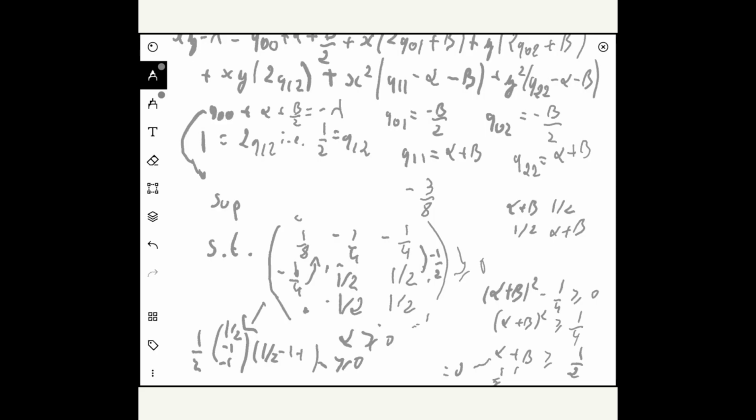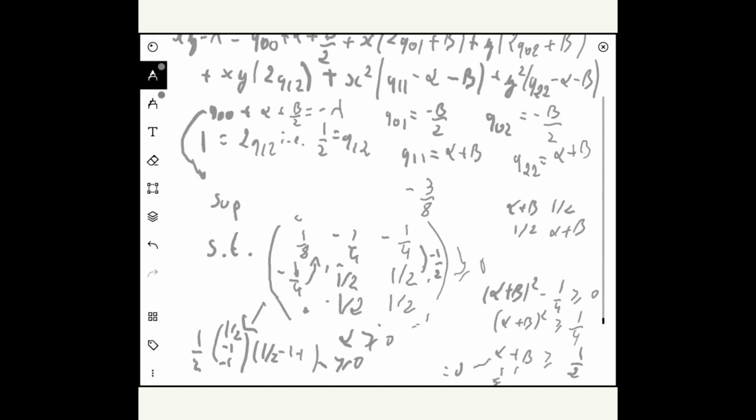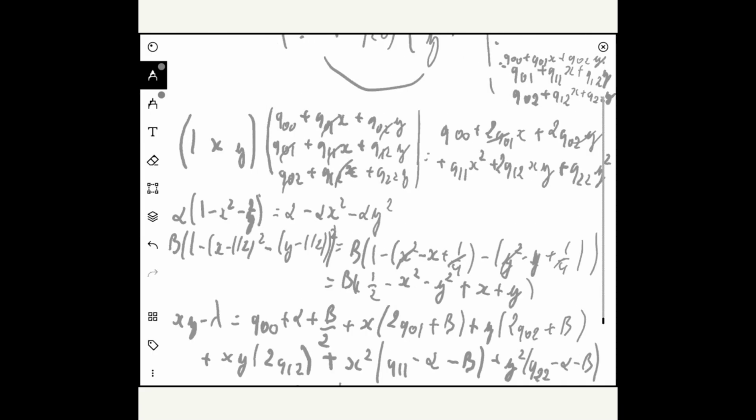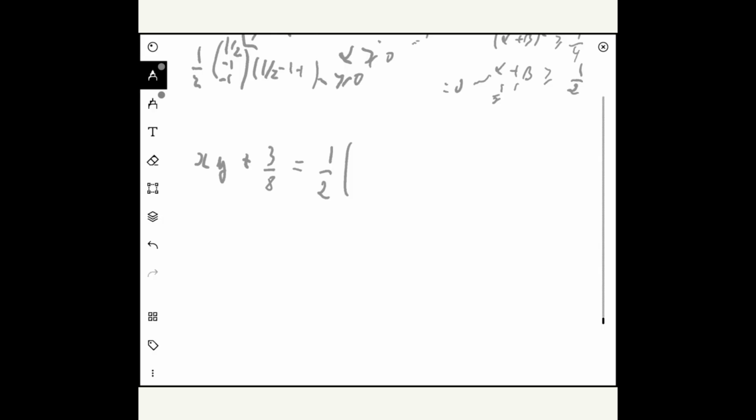And we can write, so our function is xy minus lambda, so it's just 3 over 8, because we found lambda being minus 3 over 8, and so it's 1 over 2 multiplied by, plus 1 over 2 of 1 over 2 minus x minus y squared, which is literally just this, and so alpha was 0, so we do not really care about it.